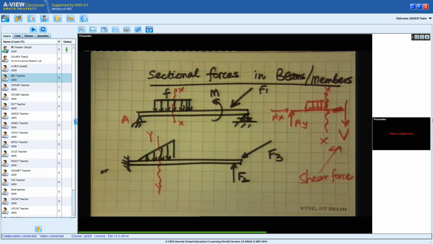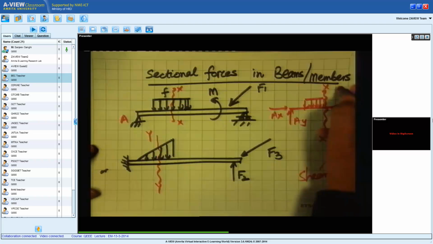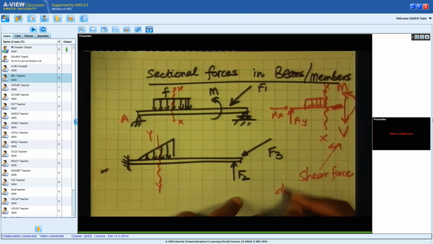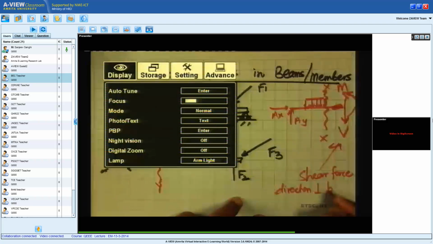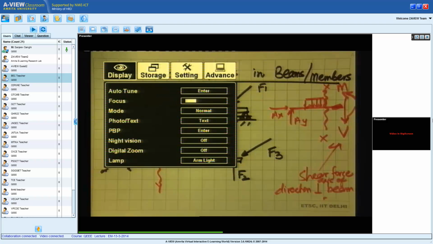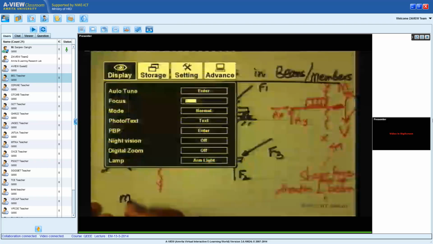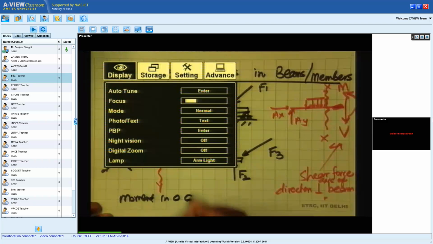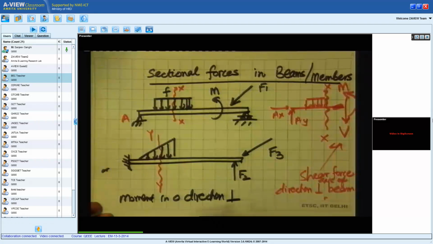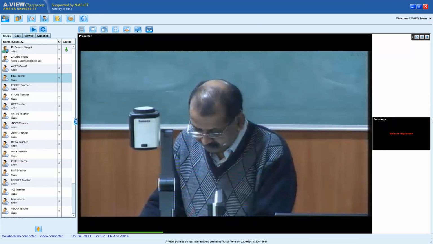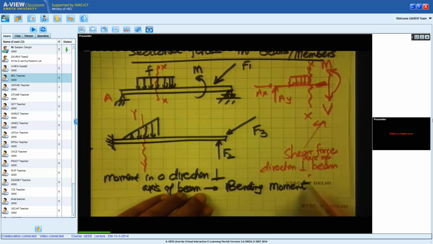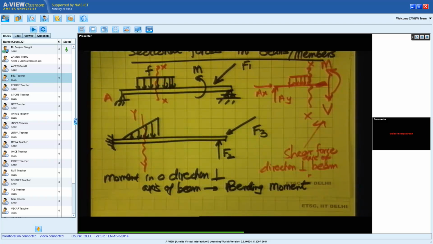And similarly a moment in a direction perpendicular to the axis of the beam, this is what we termed as a bending moment. So these were the two things which we first talked about.